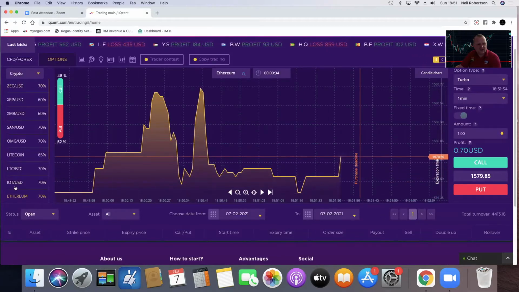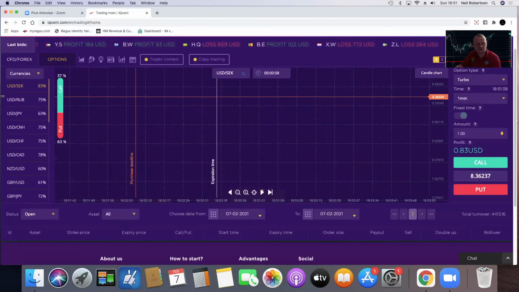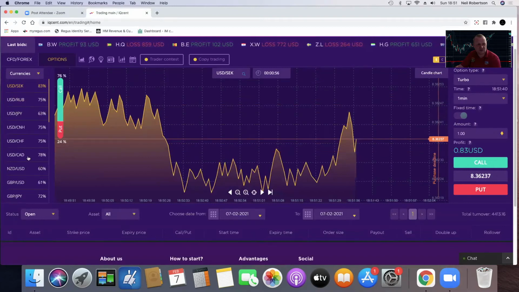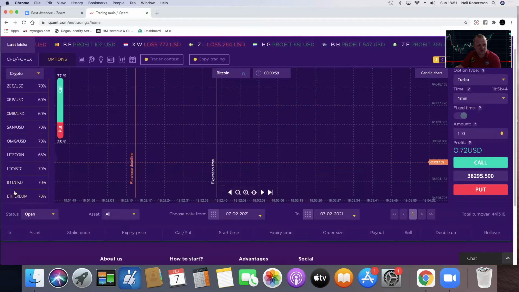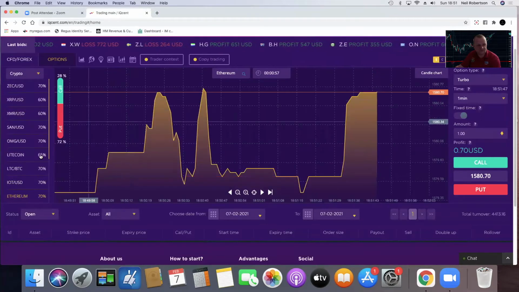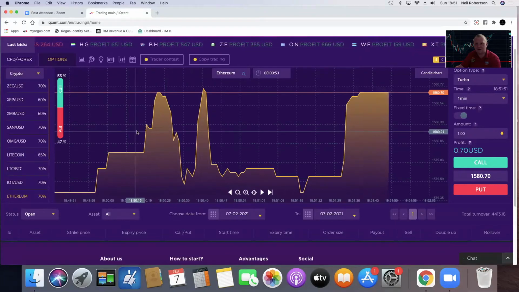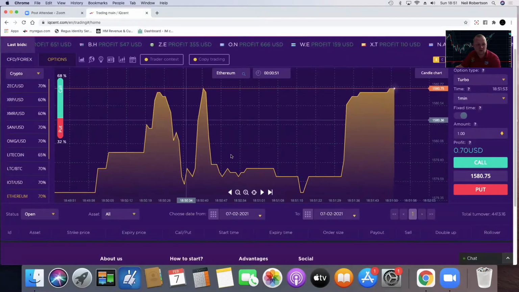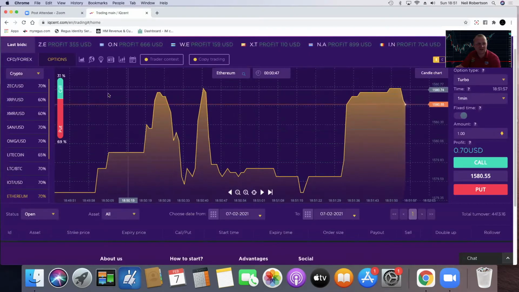Down the left-hand side here are all the different pairs. Generally, we would trade currencies, so you've got all your separate currency pairs down here. I'm showing you crypto at the moment because crypto's working. It's a weekend and we're not quite at opening with the Forex currencies as yet.